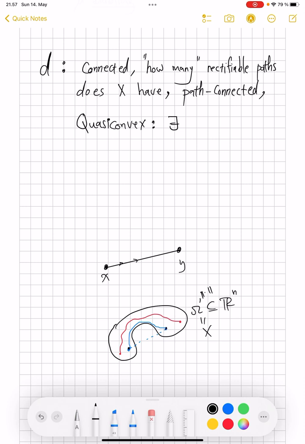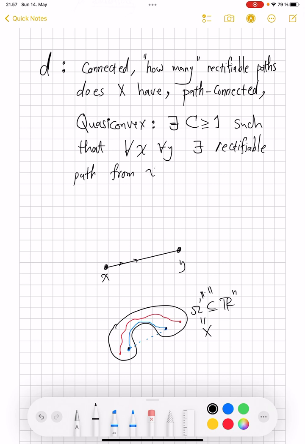You say there exists some constant c, which will necessarily be more than 1, such that for every x and for every y, there exists a rectifiable path gamma from x to y with length of gamma always more than the distance of endpoints.